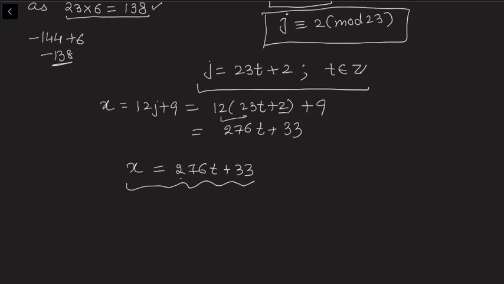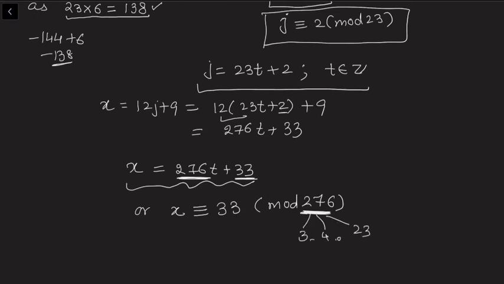Now this is the same as if you write a congruence. You can see that this term appears as a multiple of t, and this acts like a remainder. Or I can write this as x is congruent to 33 modulo 276, and this was our original modular integer, which we have factored into 3 times 4 times 23.